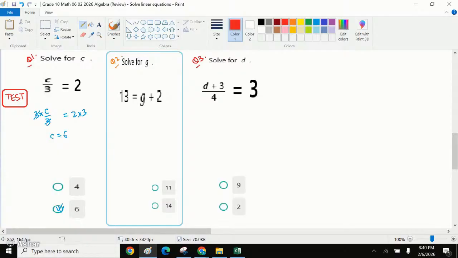Yes, 11 is the correct answer. Why? Because we subtract 2 on either side. That means 11 is equal to G. Thank you.